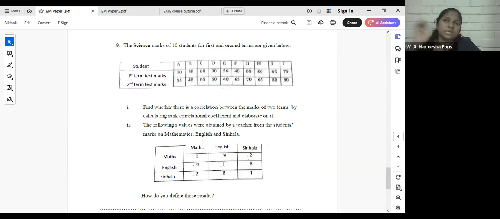If your value is near to 0, like 0.3, 0.2, it means the correlation among first term test marks and second term test marks is very low. There is no particular combination between those term test marks. Like that you can give your ideas.